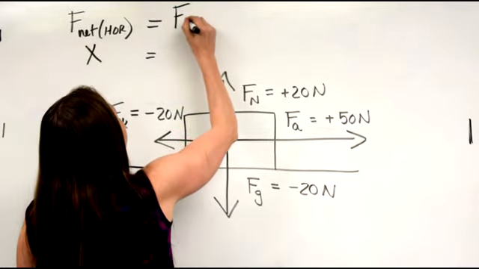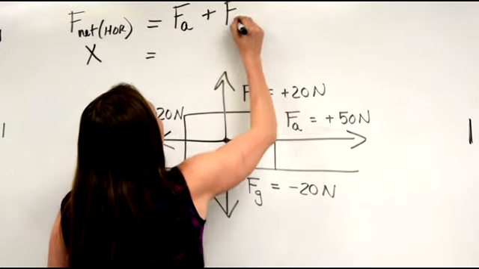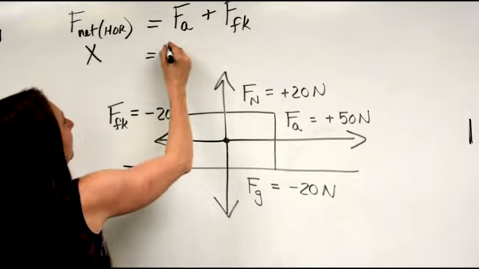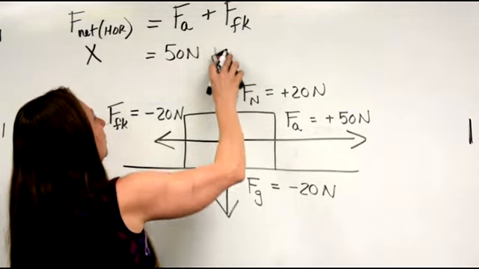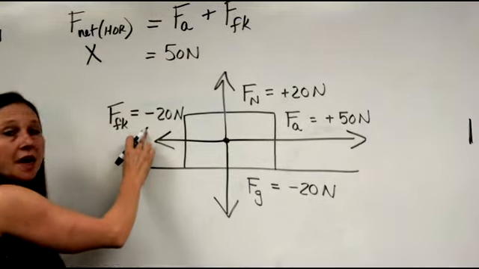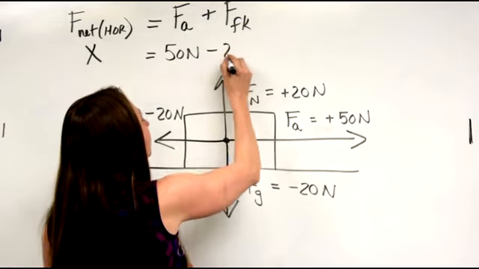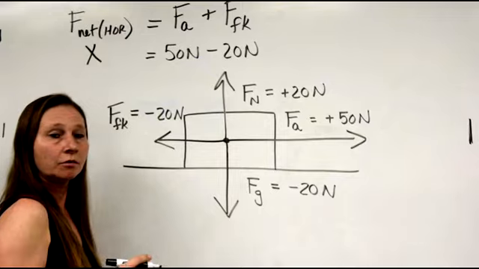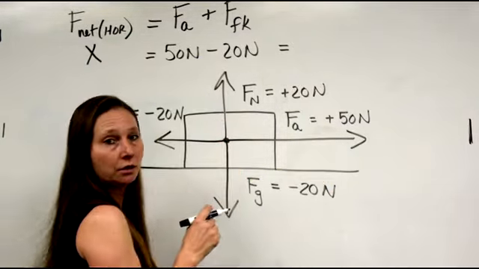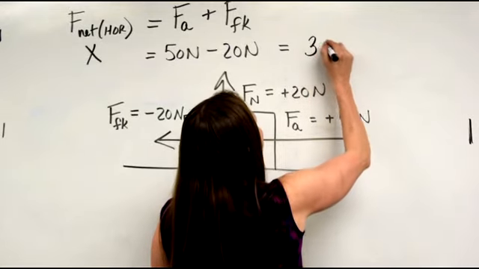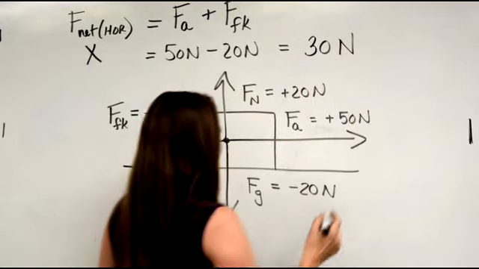So we're adding FA plus FFK. FA is 50 newtons plus negative 20 would be minus 20, right? So your net horizontal force is going to be 30 newtons.